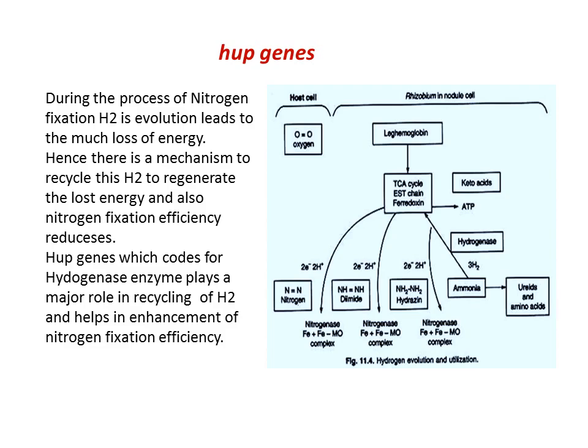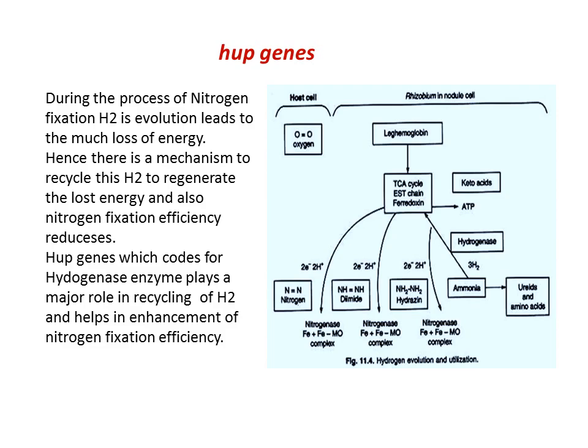One more gene is also present, especially in symbionts. In most cases, you can come across genes called HUP genes. These genes are required for the recycling of the hydrogen molecules produced as a product of atmospheric nitrogen fixation.